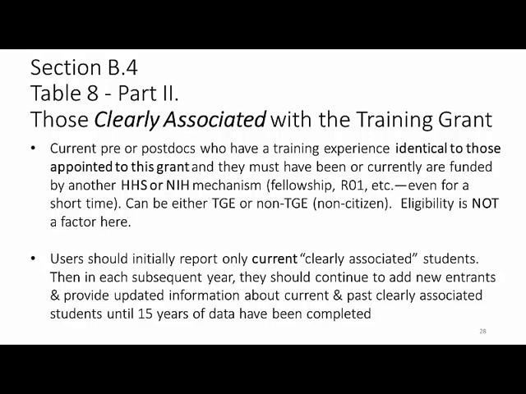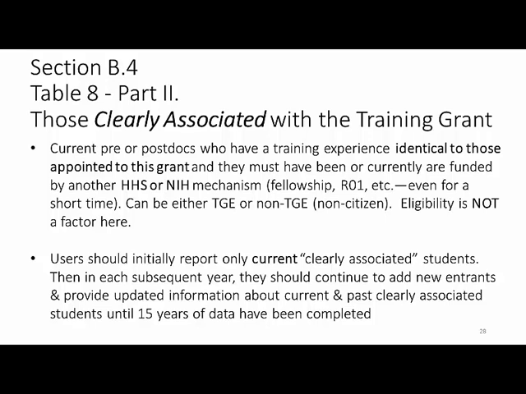Don't put anything in there. But if you ask your PI, we do have someone here, are they? Yep, absolutely the same program. Then you're going to have to list all those other students, other trainees that are not actually on the training grant. Does that make sense? It basically opens up a whole can of worms. You're like, oh, I just thought I had to do everybody that was on training.